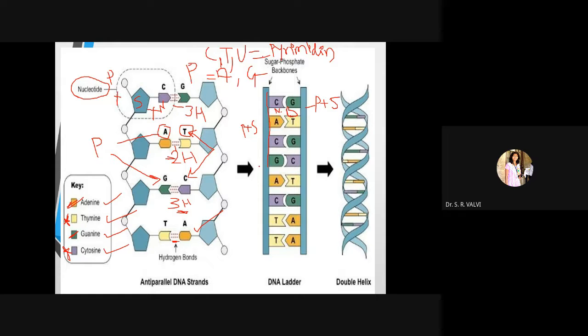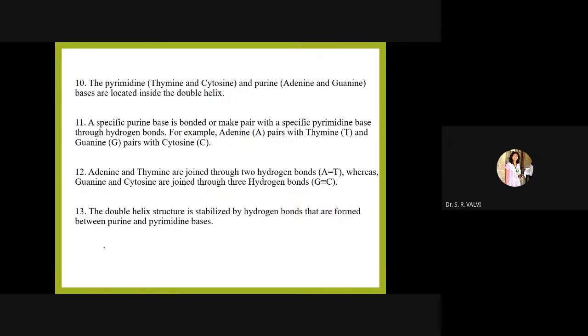And this is the straight ladder-like structure you are observing, and this is the double helix, how these two strands along with the nitrogenous bases are present, it is shown over here. Now next see the pyrimidines, that are thymine and cytosine. Just now I have explained this. And the purine bases are adenine and guanine.